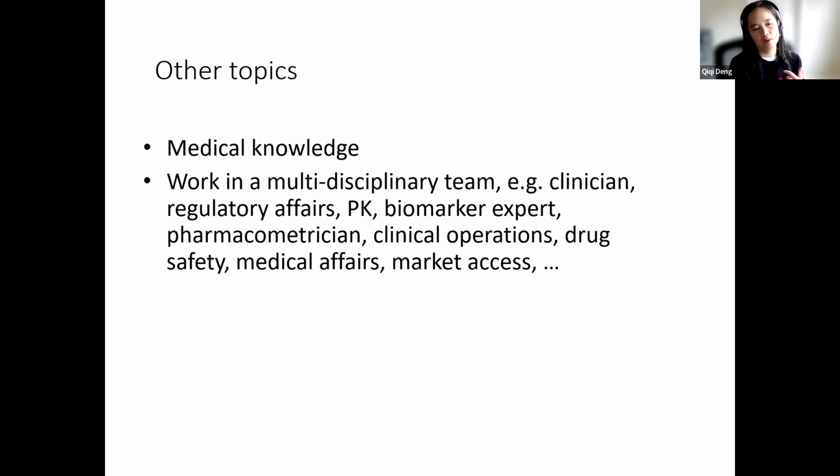And then you need someone to closely look for any safety signals to ensure patient safety is protected. And then there is market access from the insurance or other points of view. So this is really a multi-discipline team for any project that you're working on, and communication is critical in that setting.